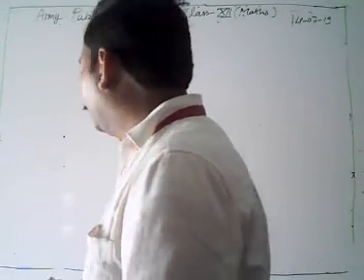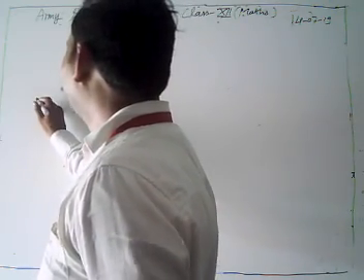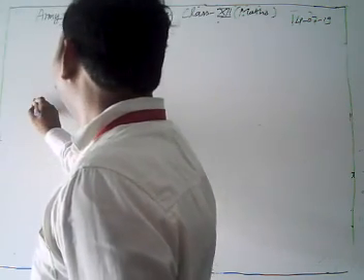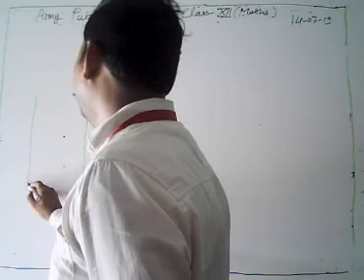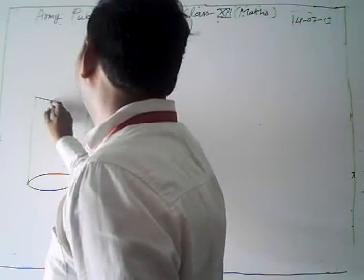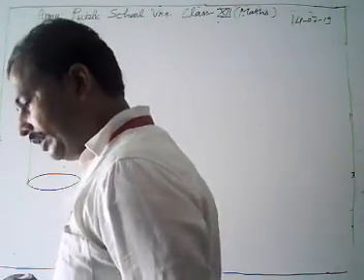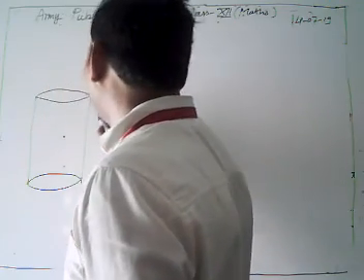Then look, we are going to draw a figure. We have a pole, that's the cylindrical portion, an iron pole consisting of a cylindrical portion of 110 centimeter height.